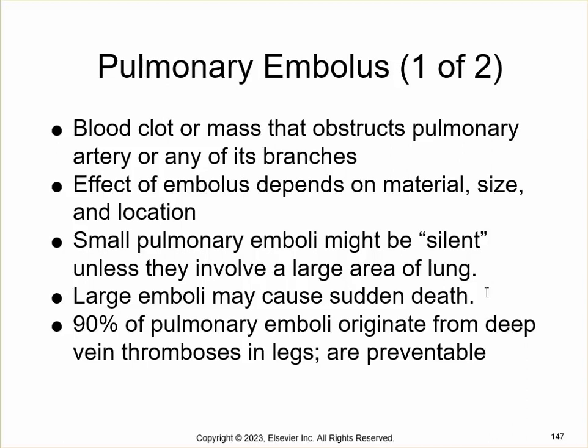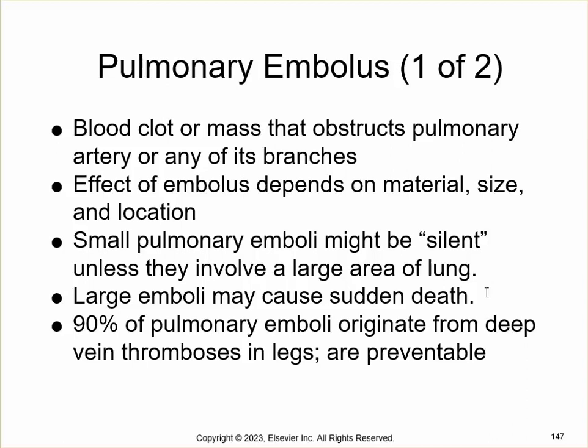So one of the things to understand is that blood clots anywhere on the venous side of systemic circulation, so in any veins, so anytime after any of the capillary beds, you have a thrombus, a clot forms.